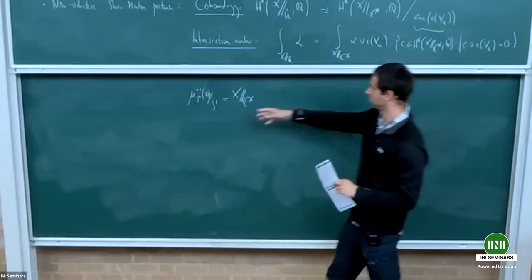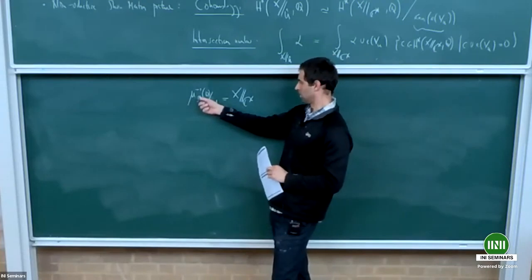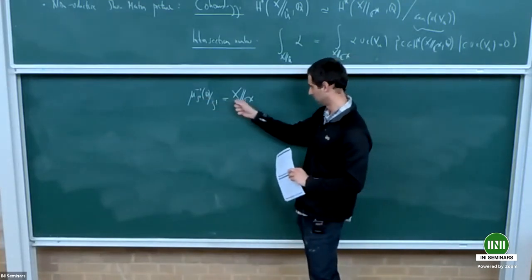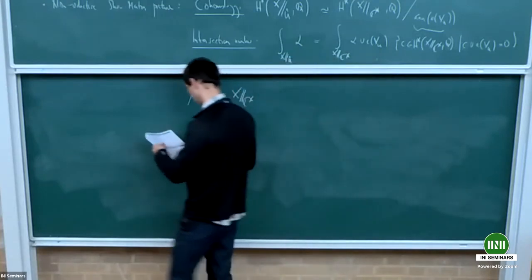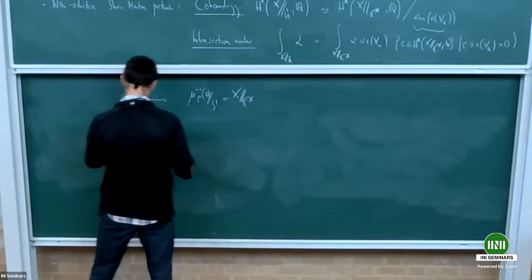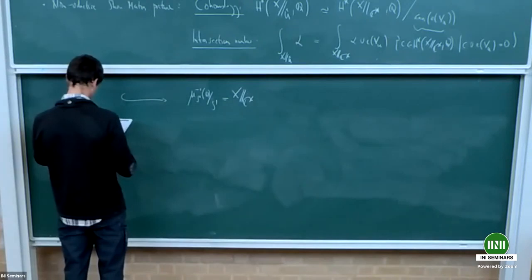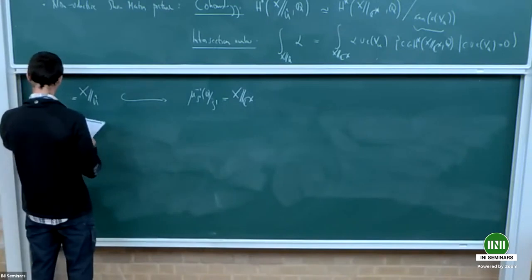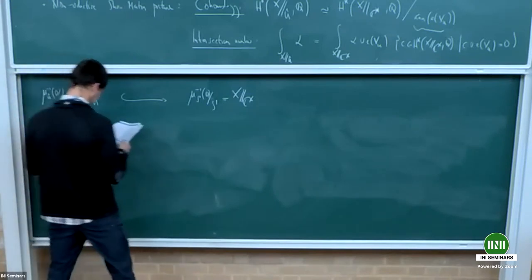You take the S1 moment map, the zero level set divided by S1, that's isomorphic to the GIT quotient by C star. And as I mentioned, there is this embedding, which is just X U hat, which is just mu 0 S1.